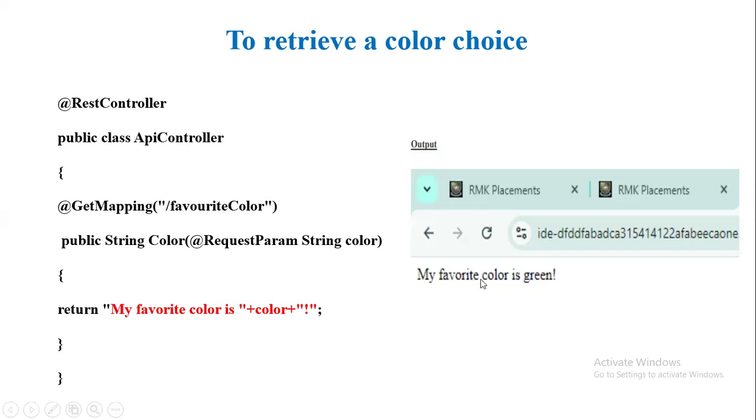In this example, while giving the HTTP request with the endpoint favorite color, the value given is green. So my favorite color is green, because now the color value is green. So the final output is "my favorite color is green". Suppose you give yellow or red instead of green, that value will be printed over here.